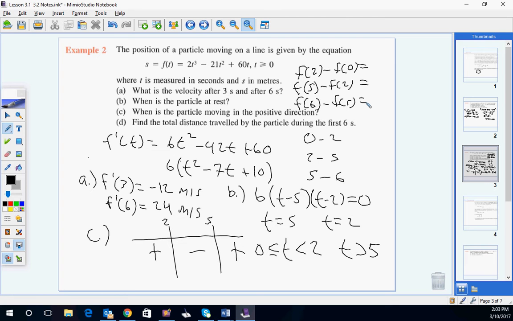So when you get answers in this, I'll show you. This one, you're going to get 52 when you calculate this. Just plug the 2 in, plug the 0 in. This here, you're going to get negative 27, which we're going to call positive 27 because it just went back 27. So the distance is still 27. And then the 6 to 5, we're going to get 11. So total distance traveled is 90 meters in the 6 seconds.